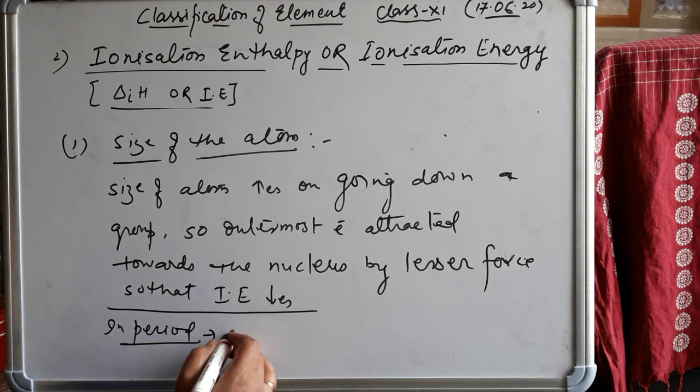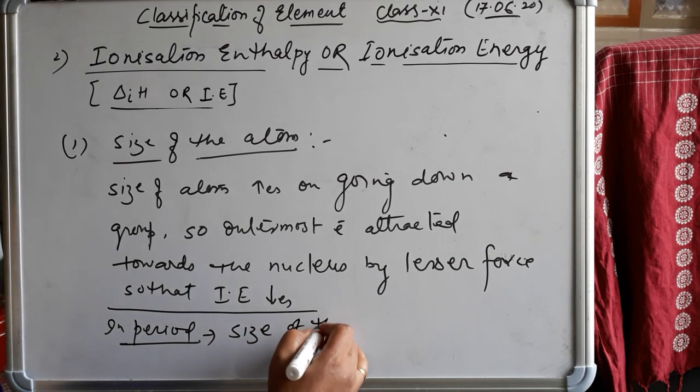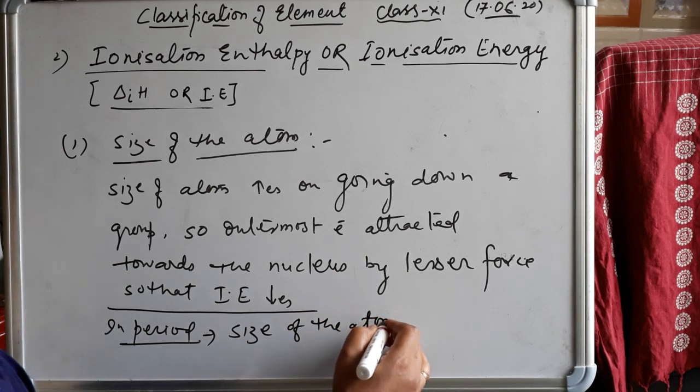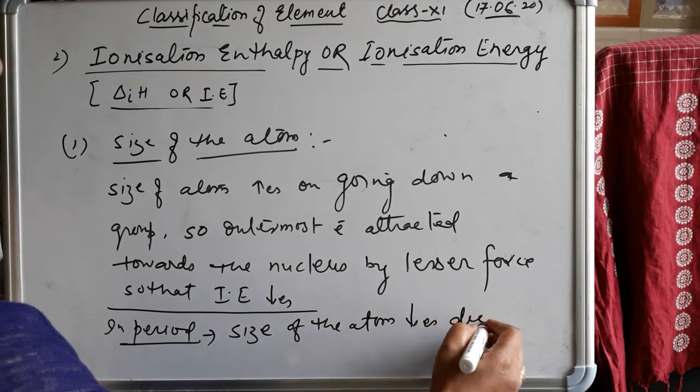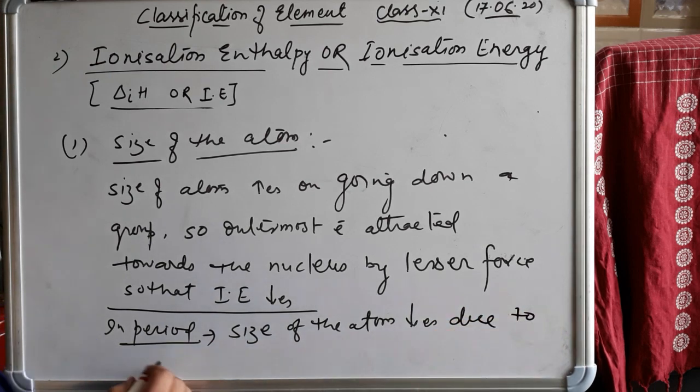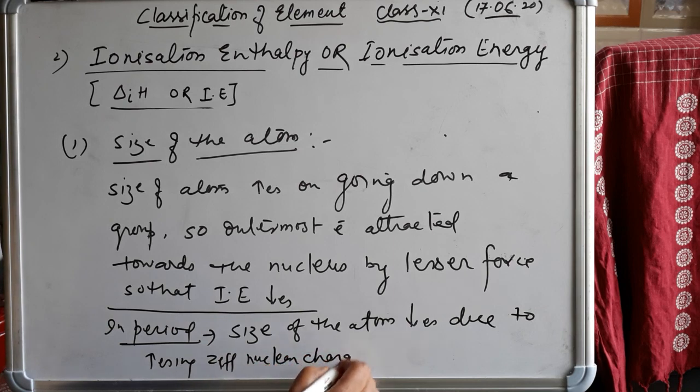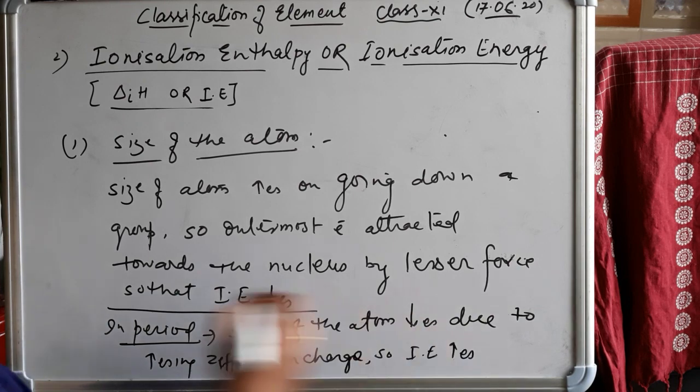And in a period, the size of the atom decreases due to increasing effective nuclear charge, so ionization enthalpy increases.